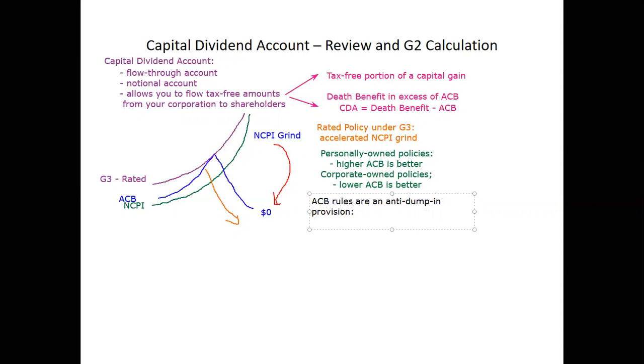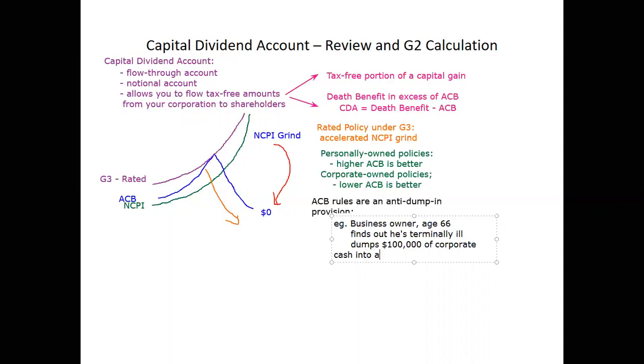You can take this sort of morbid example. If you've got a business owner, age 66, and finds out he's terminally ill and dumps, let's say, $100,000 of corporate cash, retained earnings, whatever, into an existing UL contract, well, what's going to happen?